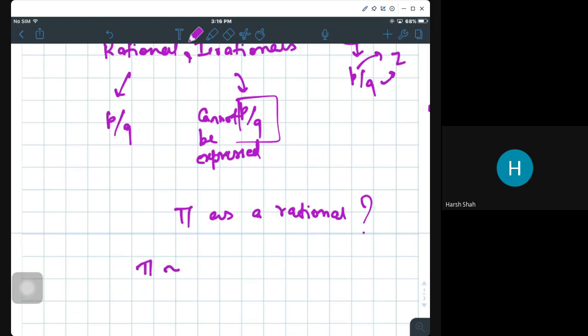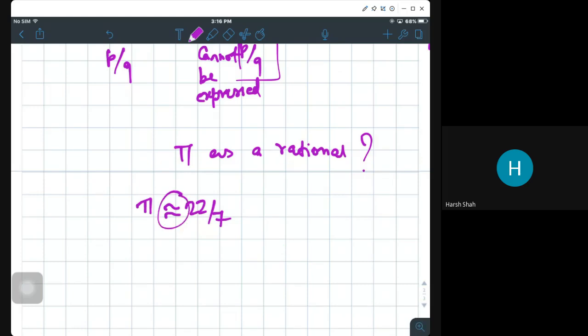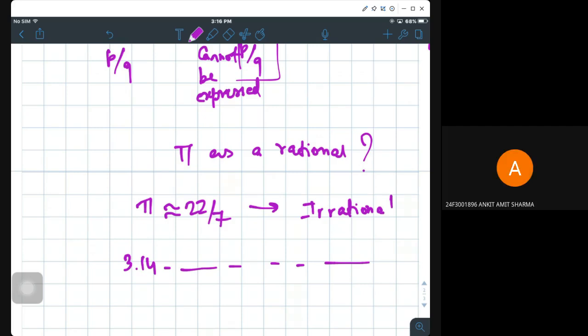Pi is approximately 22 by 7. It's this approximation that creates a problem. So this is also not a rational number. This is also an irrational number, right? Because we don't know the exact value of pi. We know it is 3.14, but after that, there are so many digits. So this is also an irrational number. Okay.